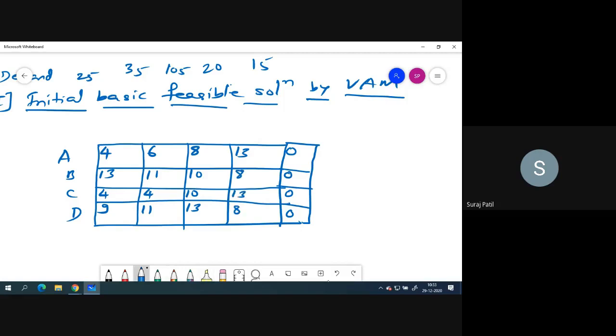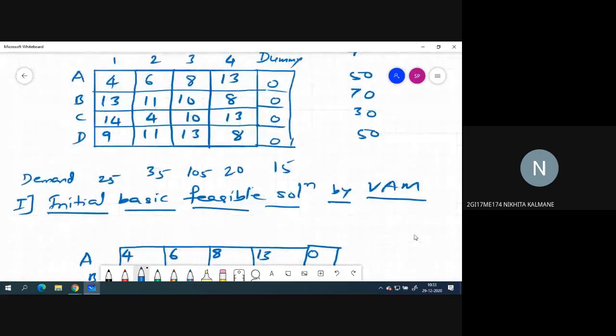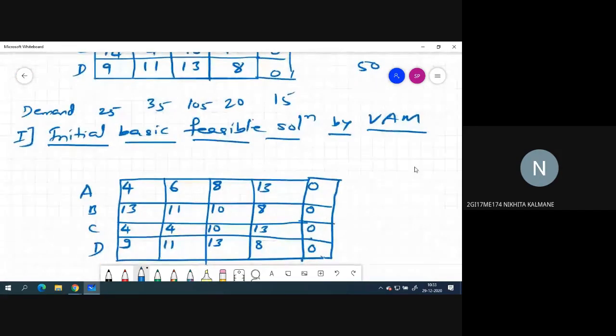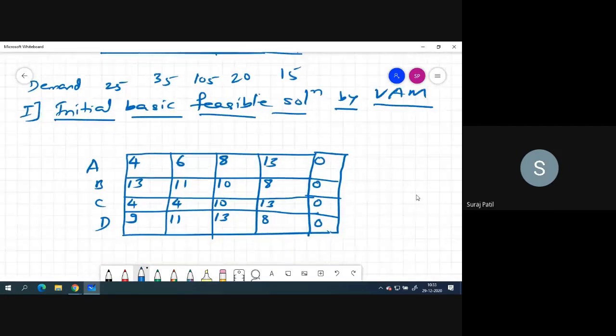Third row, first column, that is 14, sir. You have written it as 4. Oh, okay, yes, it is 14. Sorry.